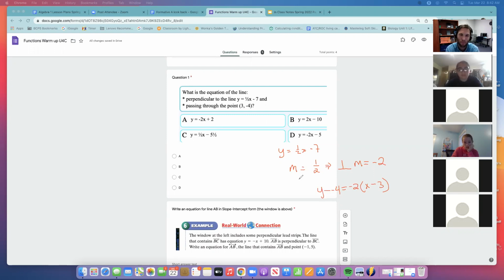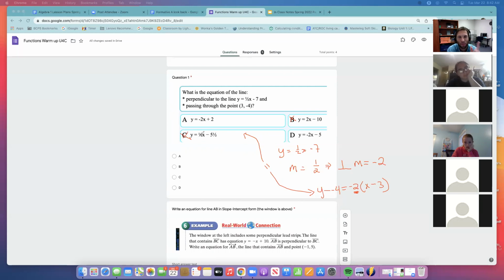Remember, from the slope activity, we know that this line can be equal to these lines. But which one is it? You can already see it because the slope is -2. So it can't be B because this slope is not -2, and it can't be C because this slope is not -2.